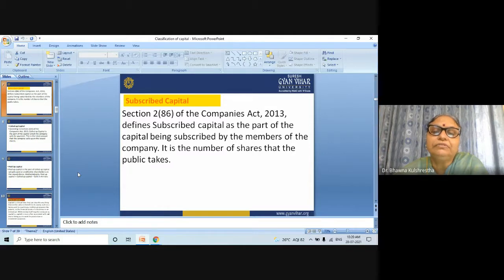It is the number of shares that the public takes.